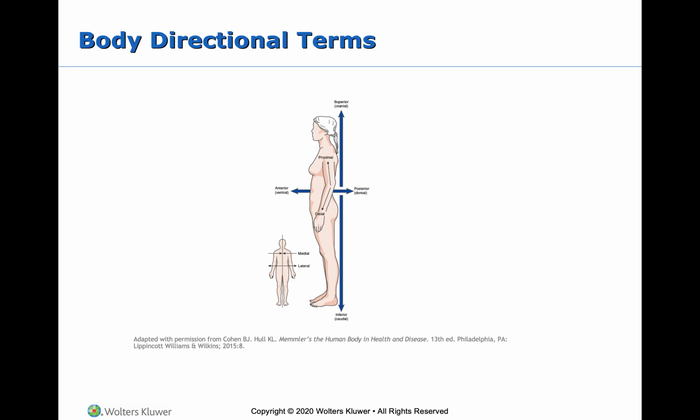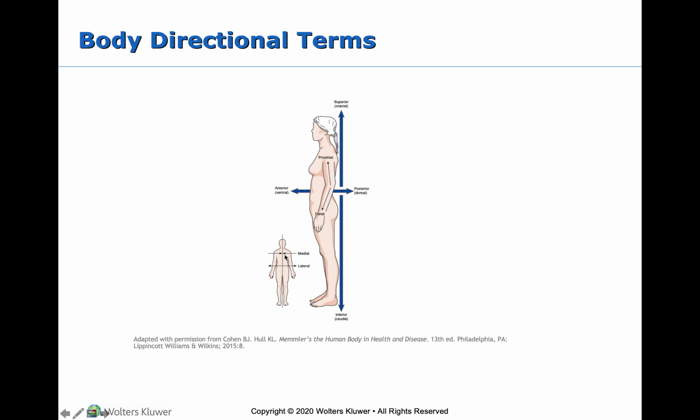So let's see. Your wrist is distal to your elbow. Your head is superior to your shoulder. So inferior would be below, posterior would be behind, anterior would be in front, superior would be above.